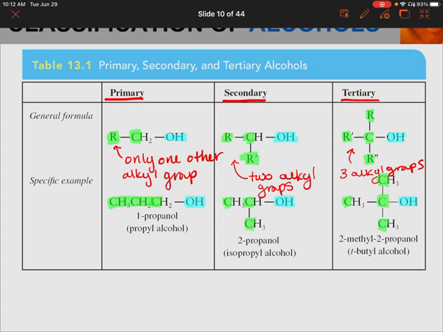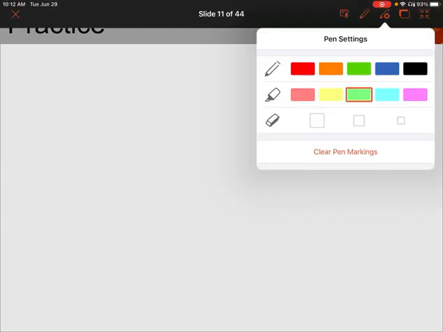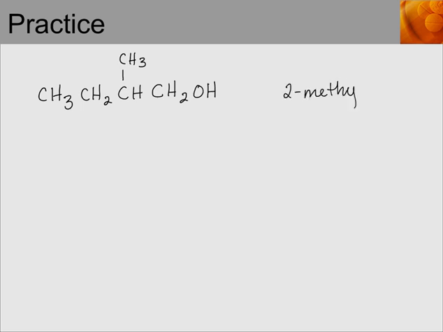Let's look at some more examples and see if you can figure out if these are primary, secondary, or tertiary alcohols. I'm going to draw some examples that we saw when we were naming alcohols, so these might look familiar. There's that one, which we said was called 2-methyl-1-butanol.